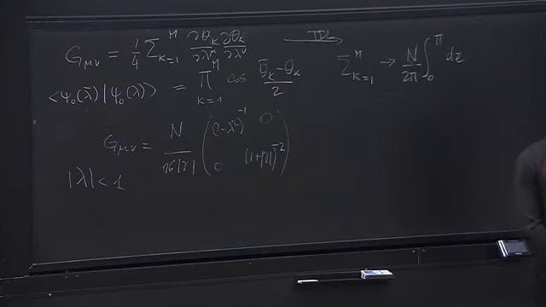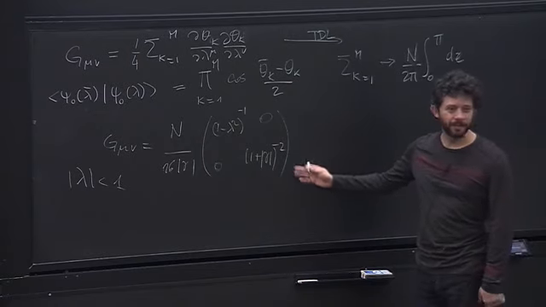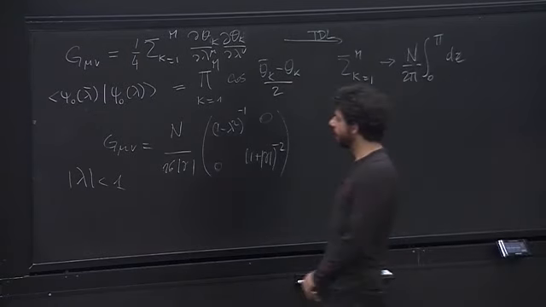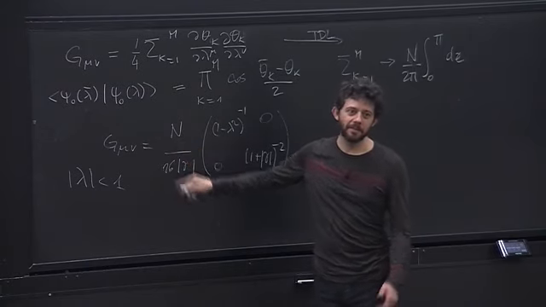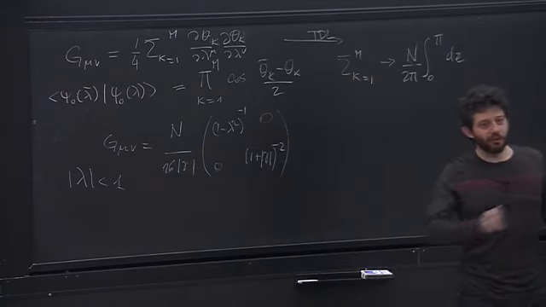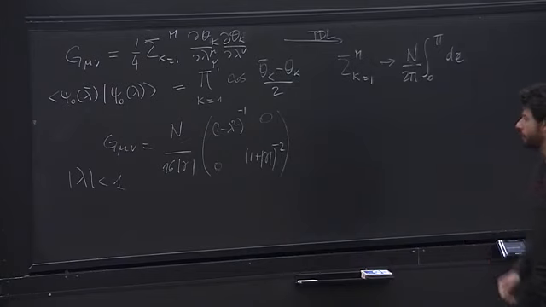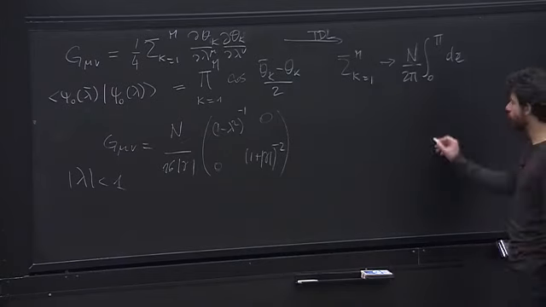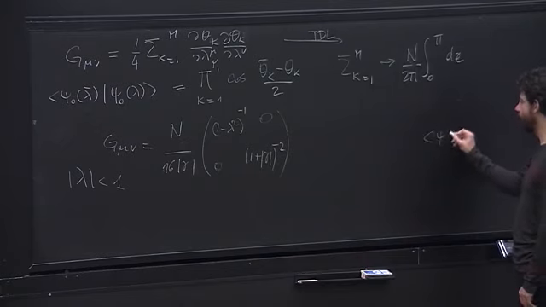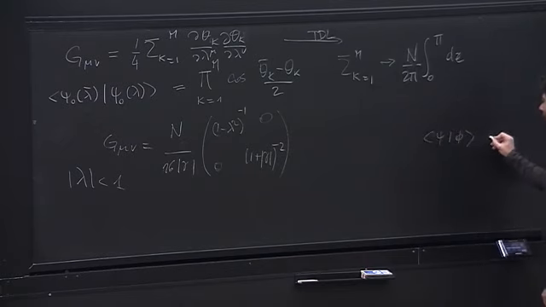Now let's try to interpret it. This is our metric tensor. First of all, it depends on N. The distances become larger and larger just with the number of spins. You remember when we discussed that the overlap between any two states has to scale with N because of the orthogonality catastrophe.